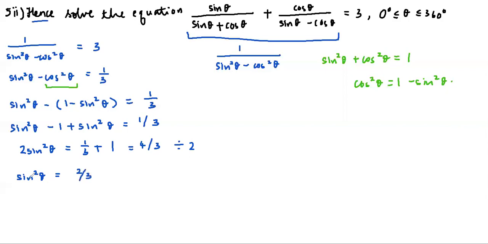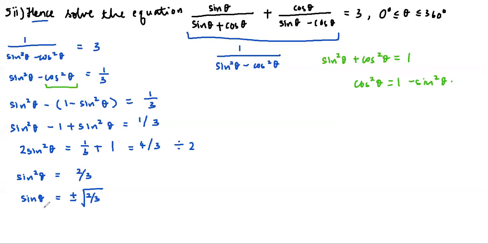Taking square root on both sides, you have sine theta equals plus minus square root of 2/3. If you are taking square root, you need to add a plus minus here. So sine theta is plus minus square root of 2/3, meaning that there are 4 solutions to this equation.